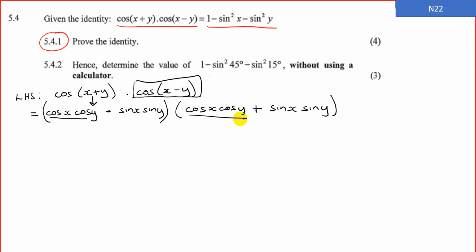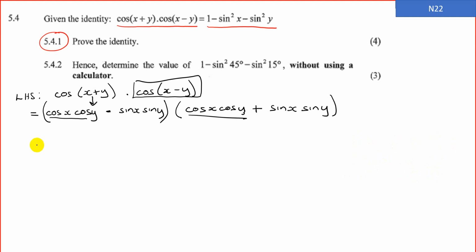So what we're going to use is sum and difference. It's similar to if you have (x - y) times (x + y). Then using FOIL, you'll get x squared to be your first term, and your last term would be minus y squared. You would not find inside and outside, as they would cancel off.